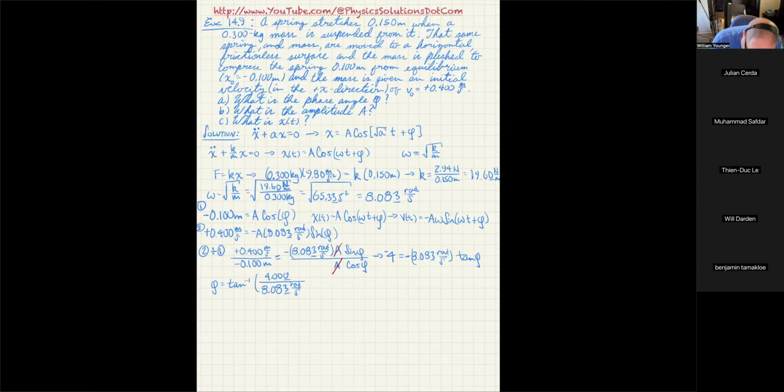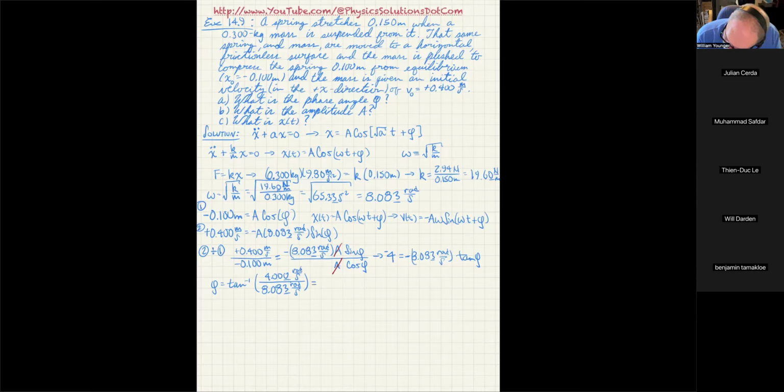So that also could be the equivalent of radians per second because the unit of radian is just a pure number. So if I take the inverse tangent of 4 divided by 8.083, this is going to give me an angle, but it's not necessarily the final angle.